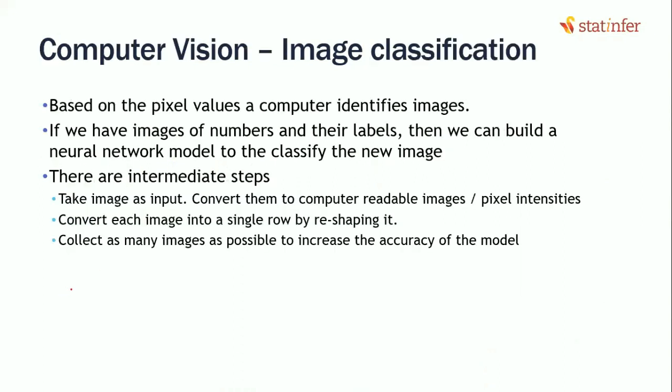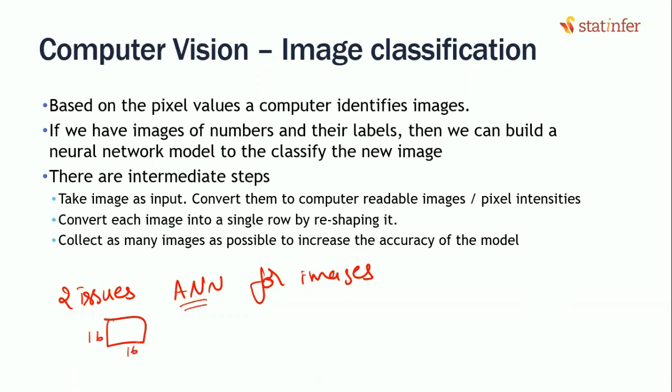Now, there are two major issues if we use ANN for images. We already used ANN for images. Until now, we used ANN only. It worked perfectly. But when you talk about real image applications like what I have shown you right now, until now we worked with very, very small images, 16 by 16 or 28 by 28, something like that.